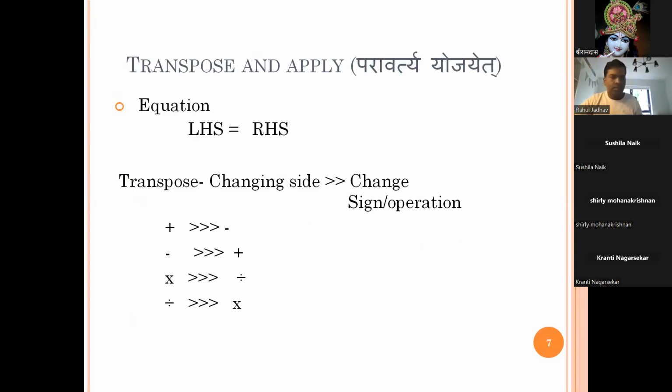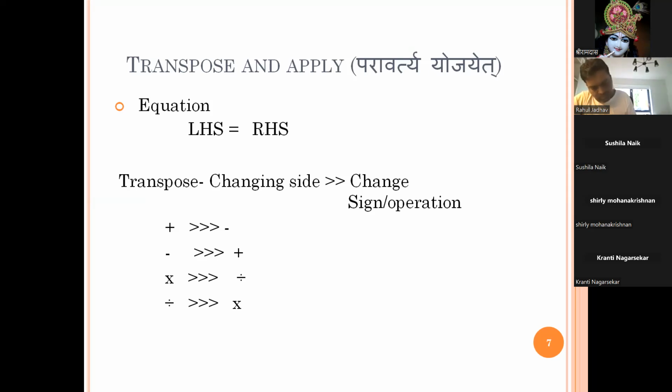Now, today's technique we are going to learn is called transpose and apply. This is a new sutra. In Sanskrit it is called Paravarti Yojayet. What is an equation?